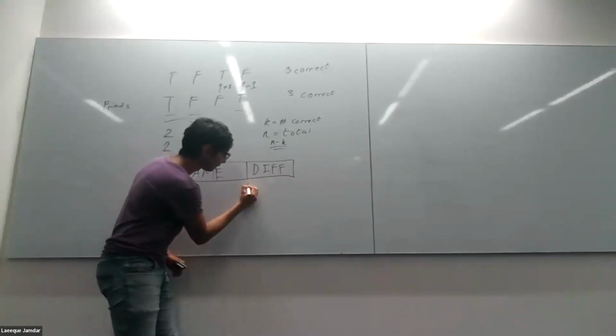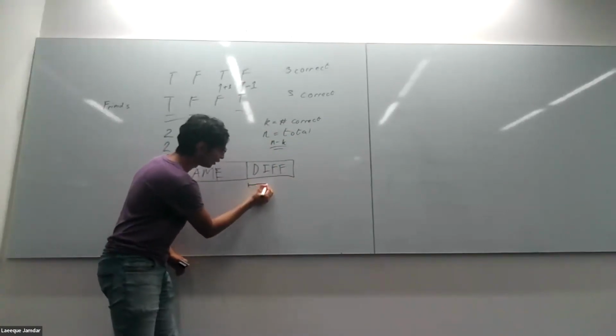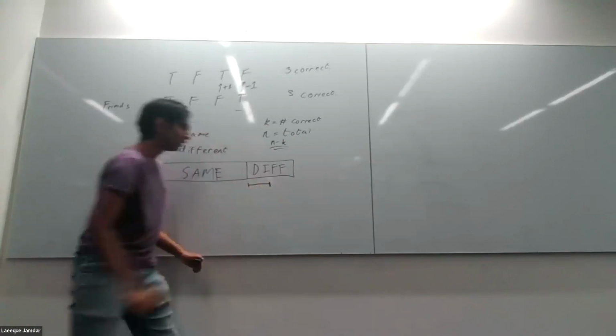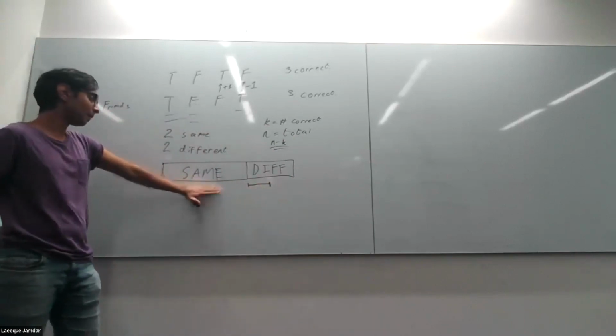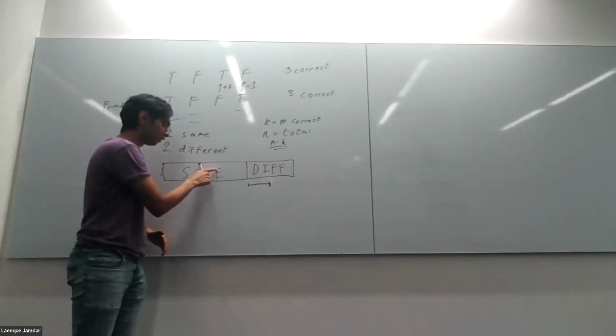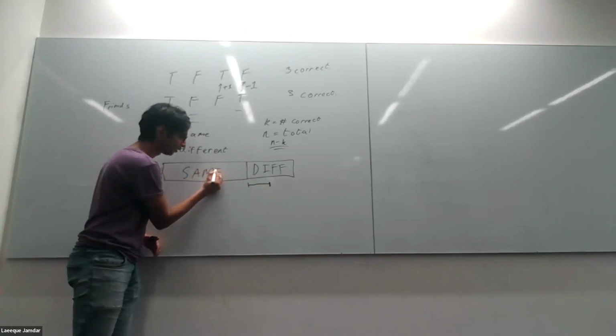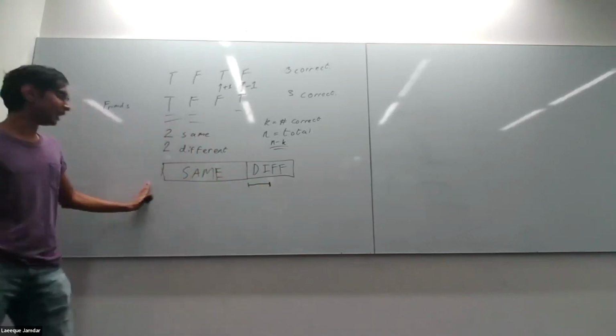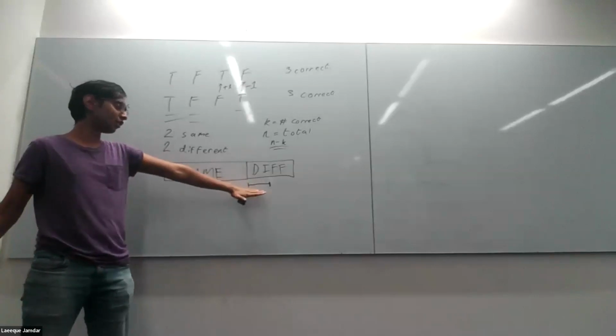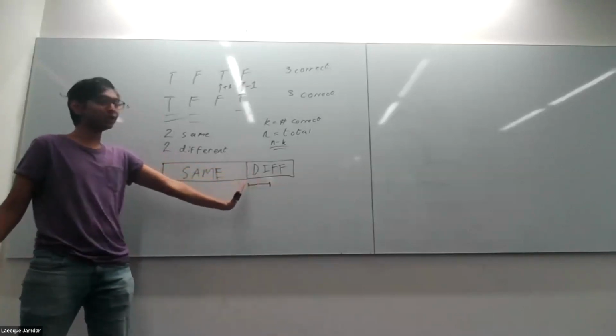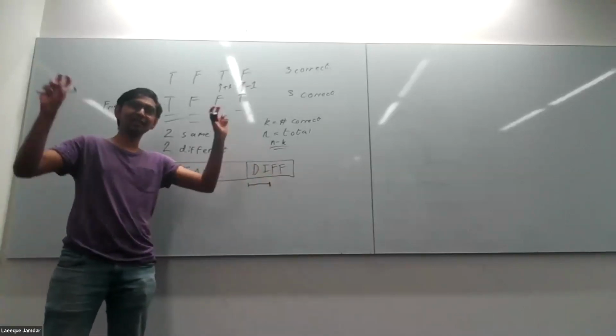So imagine it. We just keep these all the same, and then where he got questions wrong, we say that those are the ones that we're going to guess that we got correct.